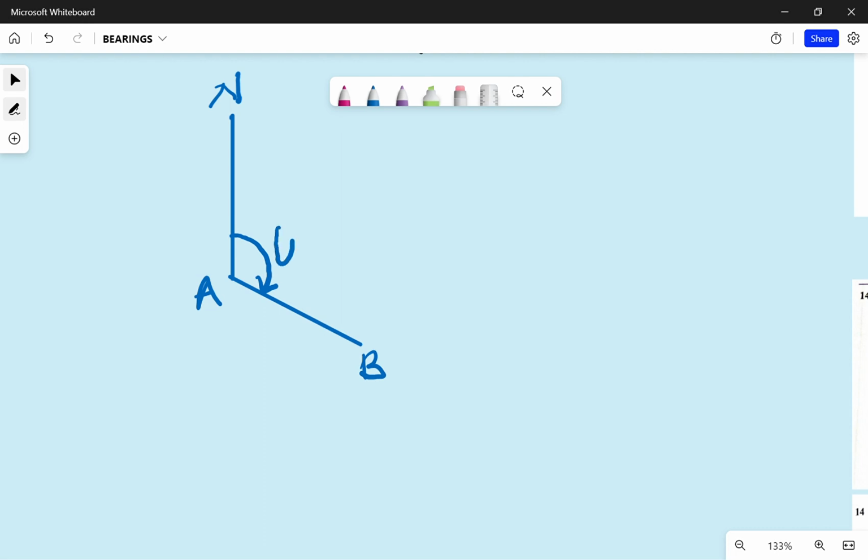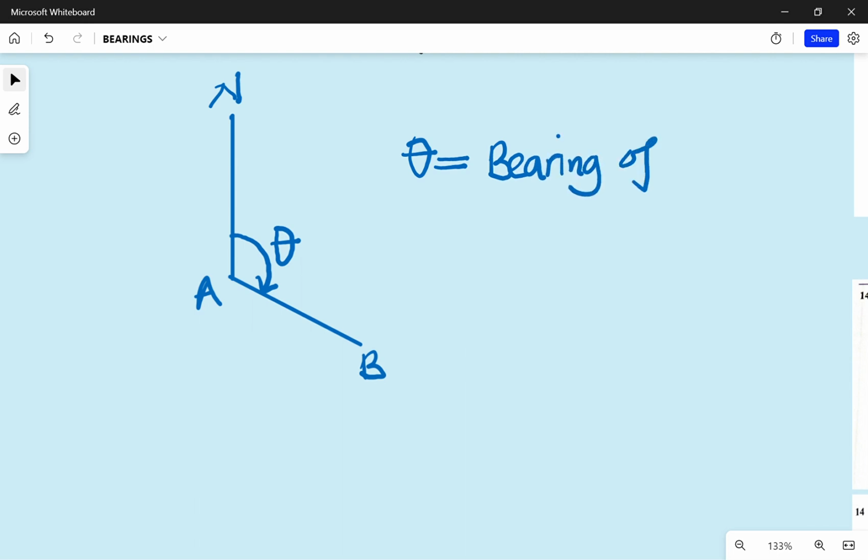This, let's call it theta. Okay, so you discover that theta is equal to the bearing of B from A. Okay, theta is the bearing of B from A. That is theta, the bearing of B from A.